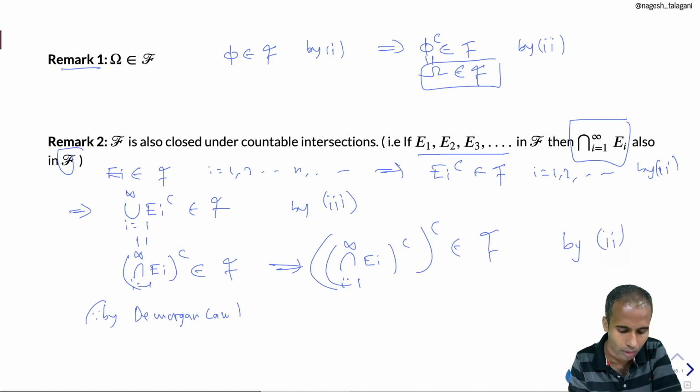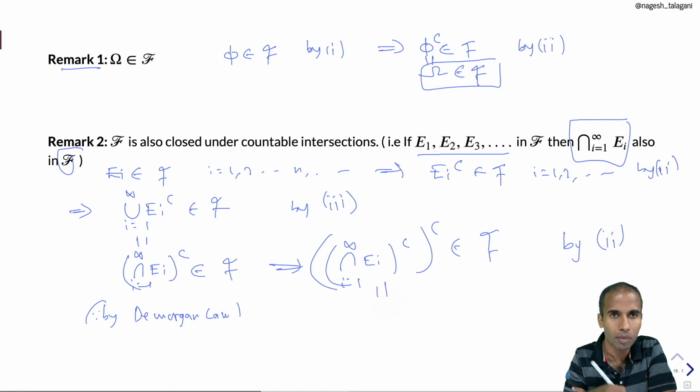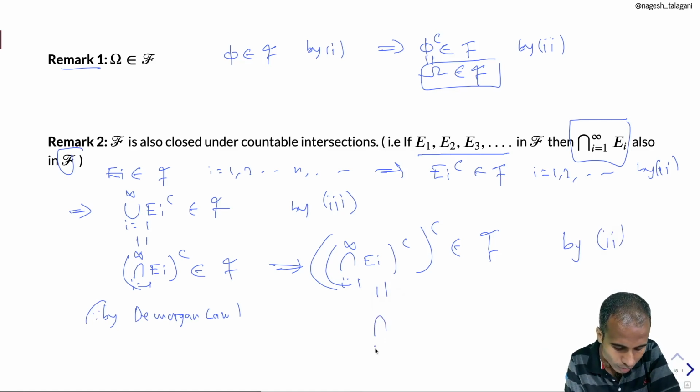But what is this equal to? Complement, complement, all complement means A, right? I hope you know some little set theory. So this must be equal to the intersection of En. So this is from script F.